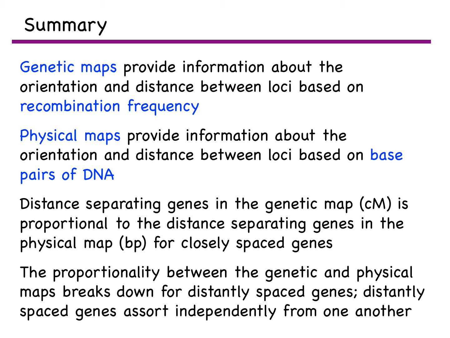And that's true for closely spaced genes. If you start to look at genes that are very distantly separated from one another, and you calculate recombination frequency between those two genes specifically, it's not going to be proportional. So again, the proportionality between genetic and physical maps breaks down for distantly spaced genes, and distantly spaced genes begin to sort independently from one another, or they show that behavior.